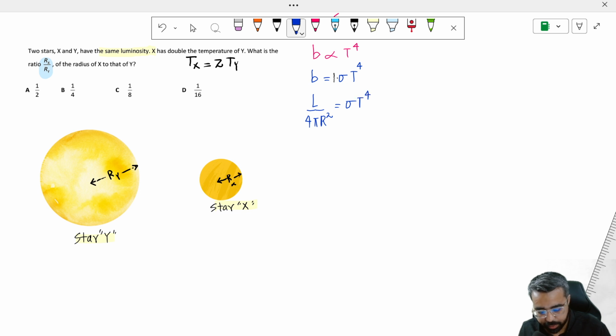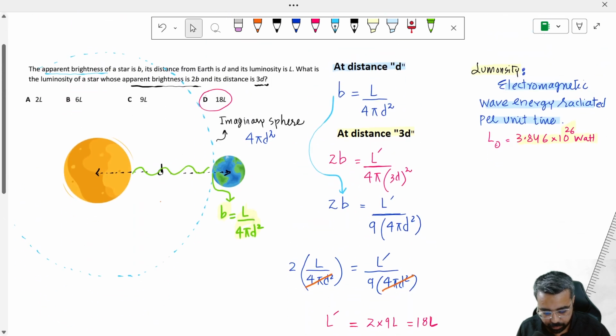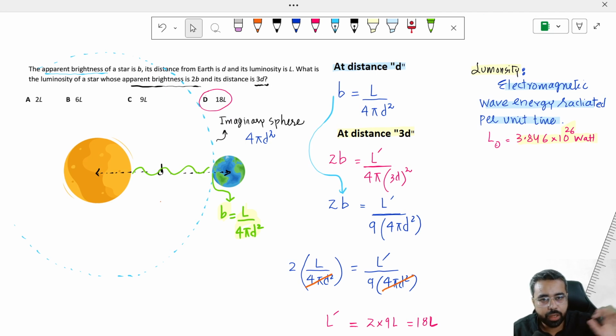Whenever we are talking about the luminosity, or solving a problem in which we are focusing on the surface of the star, just like in the previous question, you can see in this diagram we were talking about the brightness of the light away from the star on the surface of the earth, and that's why I had written 4 pi d square, which is the area of this imaginary sphere.